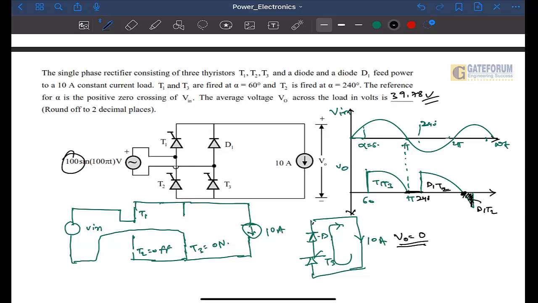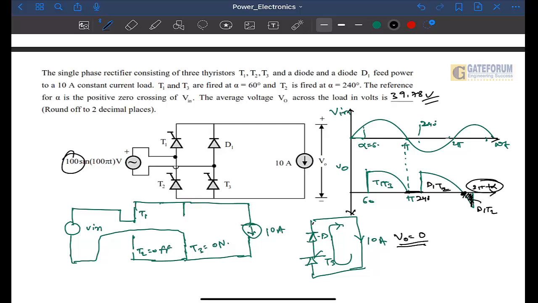But when T2 and D1 are conducting, there is no alternative path to carry the 10 ampere current. Due to that, T2 and D1 will conduct till 2 pi plus alpha. So this stage is 2 pi plus alpha.